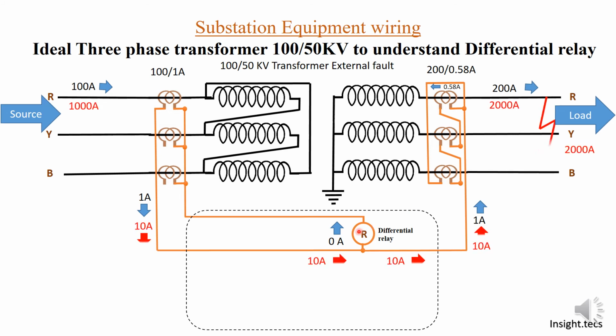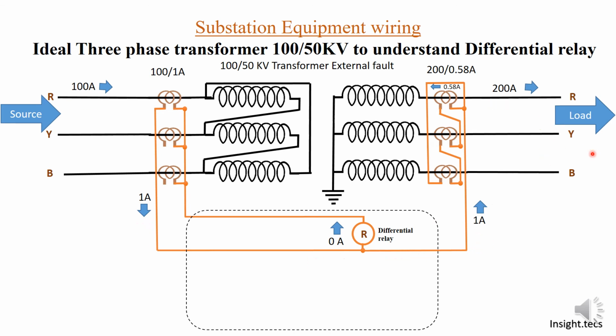Now coming to the differential relay, you can see again the summation of total current coming in at this node and moving out is the same. 10 ampere is coming in, 10 ampere is going out, so there is no difference of current, it is 0 ampere. So my differential relay is not operating for an external fault in this transformer.